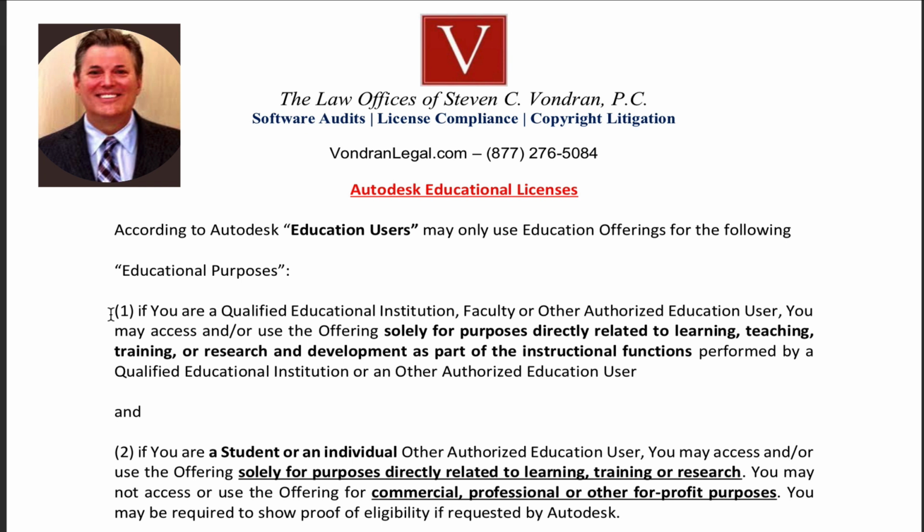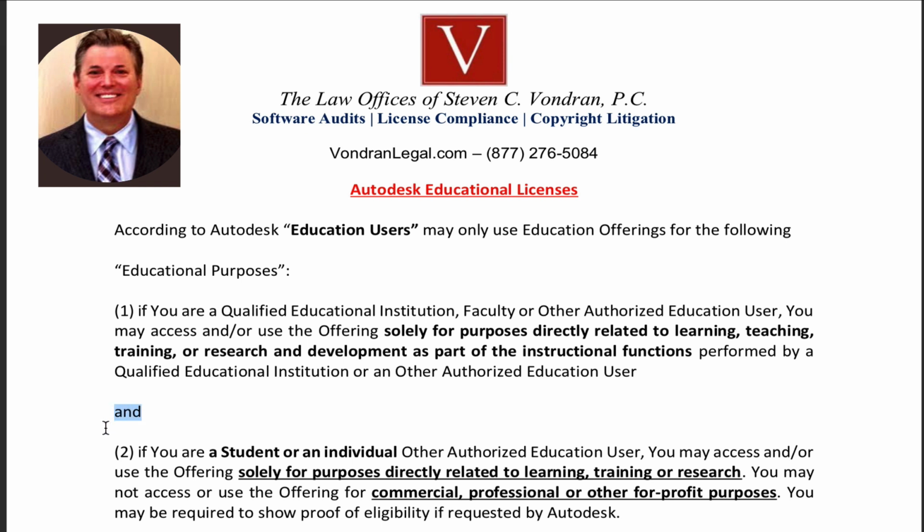Number 1 says if you're a qualified institution, faculty, or other authorized education user, you may access and/or use the offering solely for the purposes directly related to learning, teaching, training, or research and development as part of the instructional functions performed by a qualified education institution or an other authorized education user. So they're limiting how these can be used.